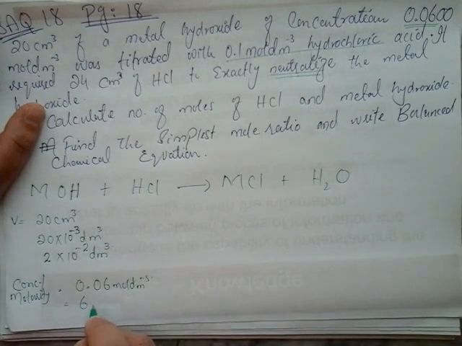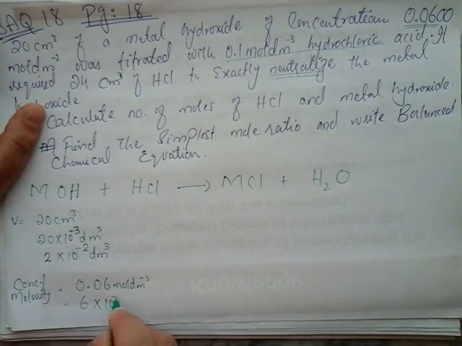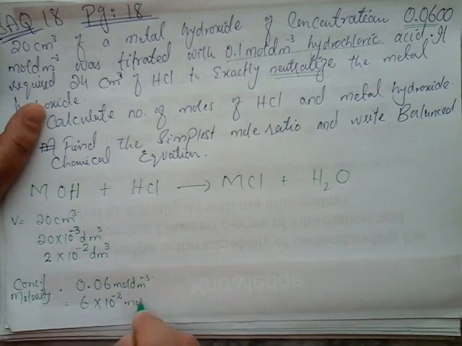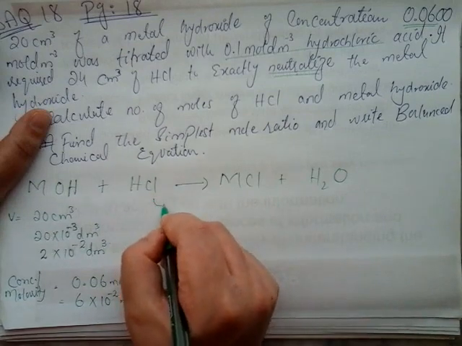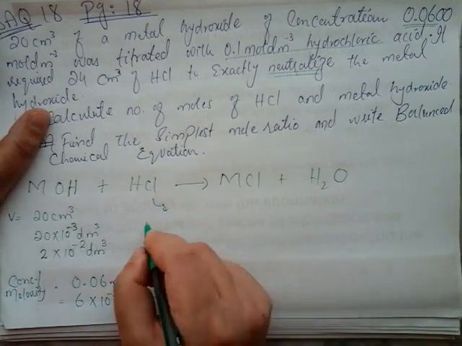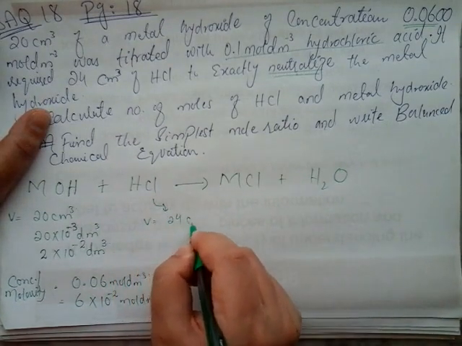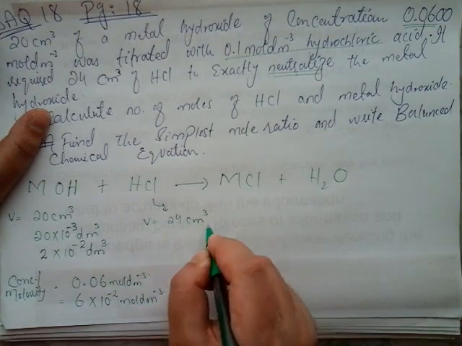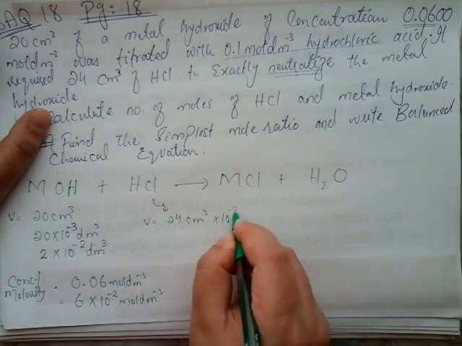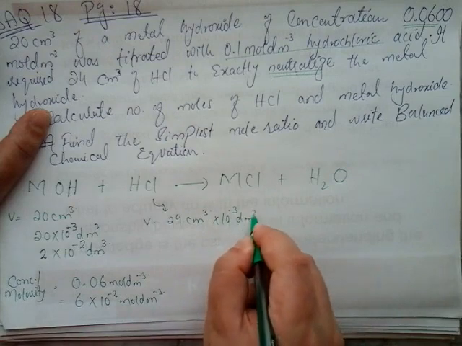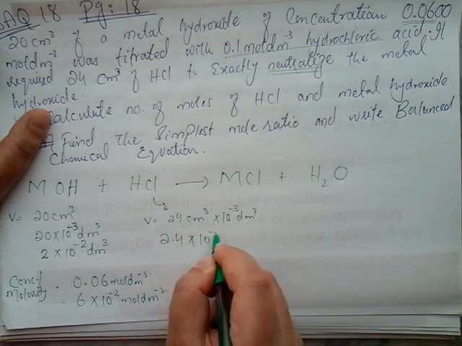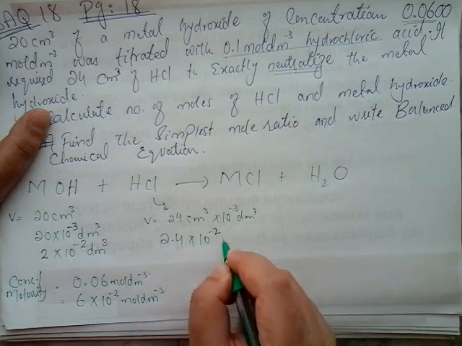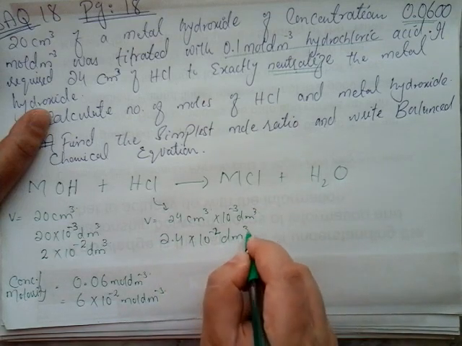If I write this in standard form, it is 6 into 10 raised to power minus 2 mole per decimeter cube. Now the HCl volume given is 24 centimeter cube multiplied by 10 raised to power minus 3 decimeter cube, so 2.4 into 10 raised to power minus 2 decimeter cube.